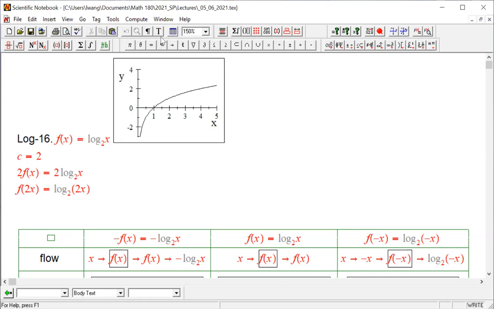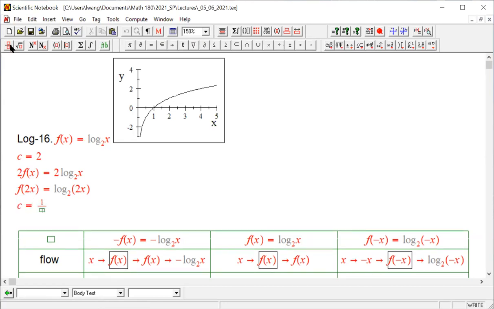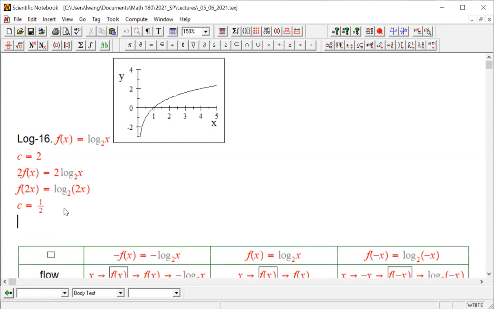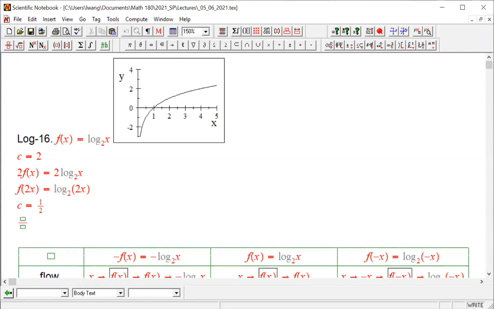How about C equals half? If we choose C equals half, then we're going to have half of f of x, which is half of log base 2 of x. We're going to see these differences.